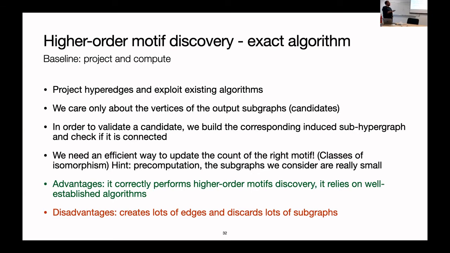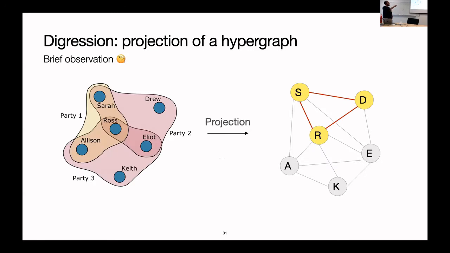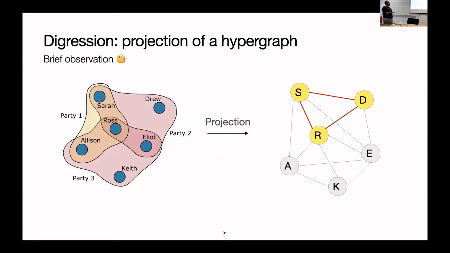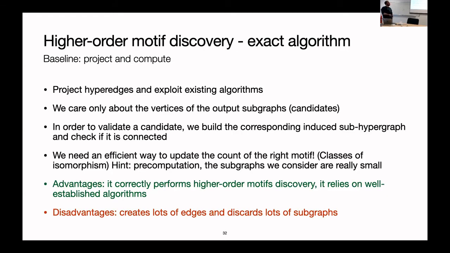It creates a lot of edges because we need to project the hyperedges, and it discards a lot of subgraphs because of the problem of the yellow node there: we mined a connected subgraph in the projected graph, but it was not connected in the hypergraph. So we discarded it, and we have a lot of examples of this in real-world networks. We compute a lot of things that we don't use.